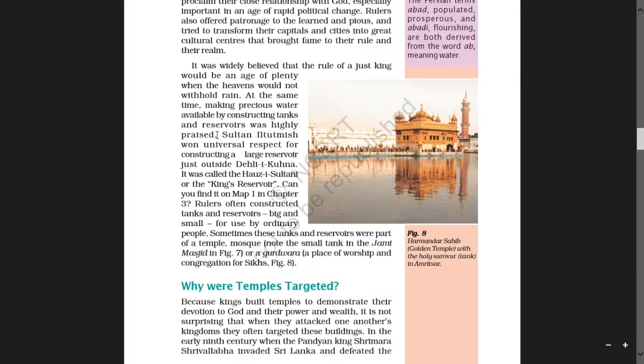Sultan Iltutmish won universal respect for constructing a large reservoir just outside Delhi Aikwana.